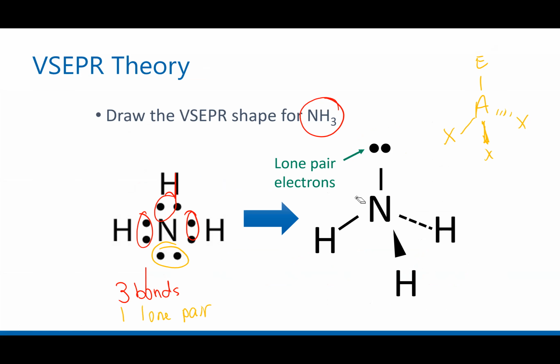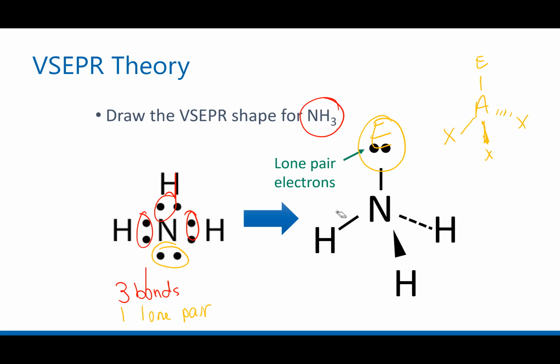If you wanted to, you could also call this E. I personally like the dots, but it doesn't matter. As long as you show me that at the top of this molecule, there are electrons, that's so important because these electrons are what's pushing these other bonds away from it. That might not seem important, but it's part of the reason why some molecules are polar and some are not. Okay, let's just do some examples.